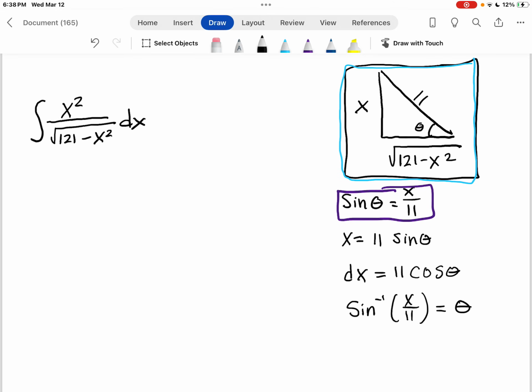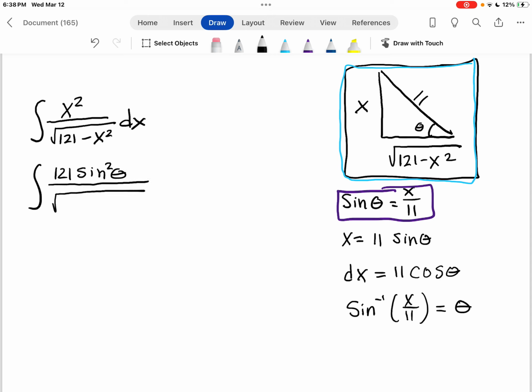To start off, I'm going to start substituting everywhere I see x. I'm going to write it as 11 sine theta. So x squared would be 11 sine theta squared, so that would be 121 sine squared.